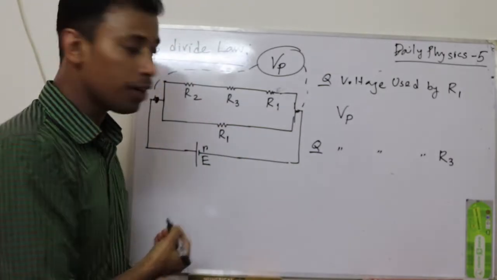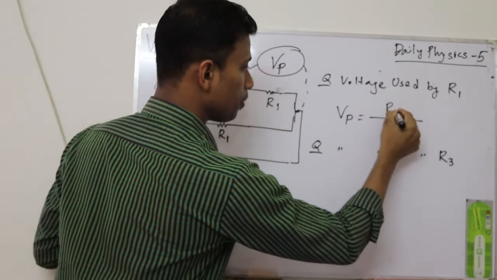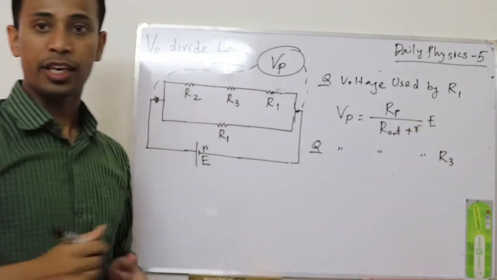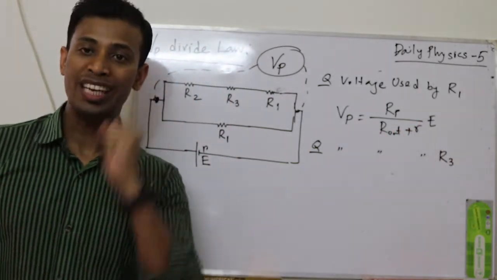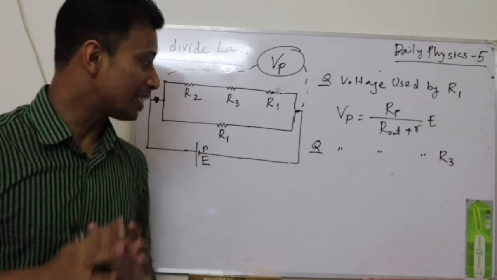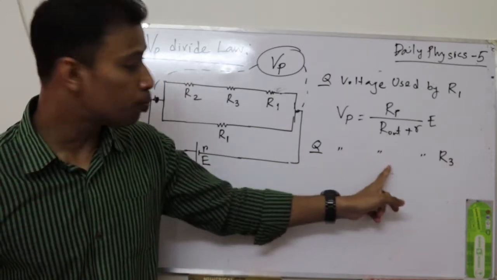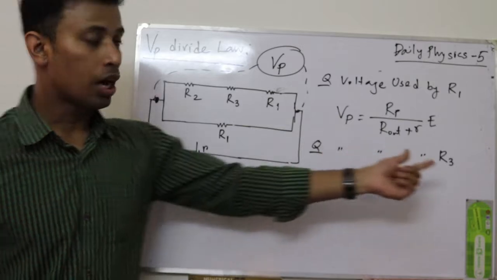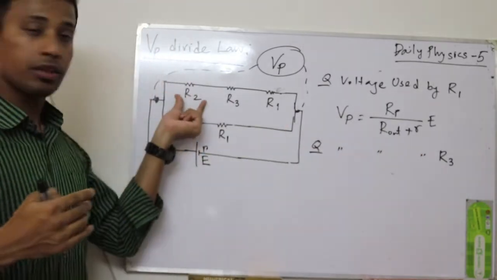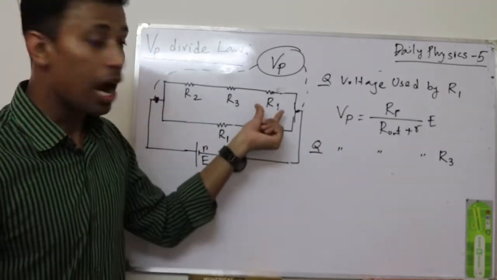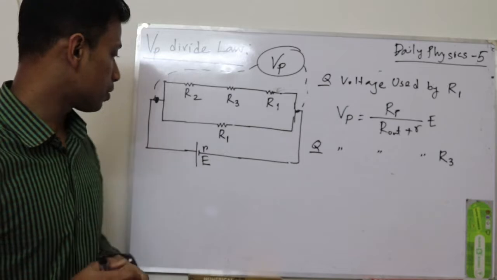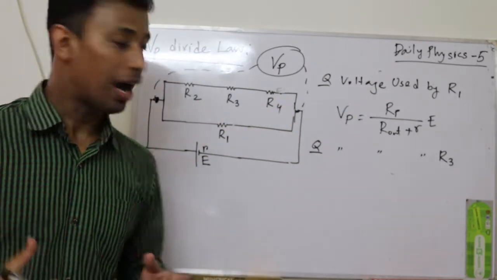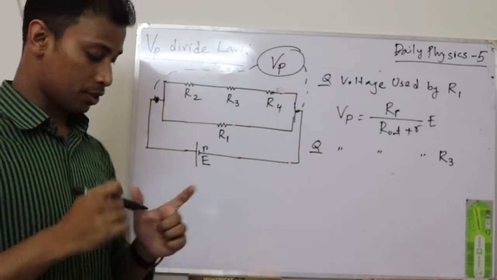And how do we get Vp? By this equation. But what if the question asks about the voltage used by R3, that means this resistance, or R2, or R1, or R4, that means this resistance?